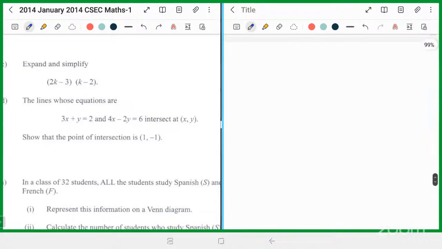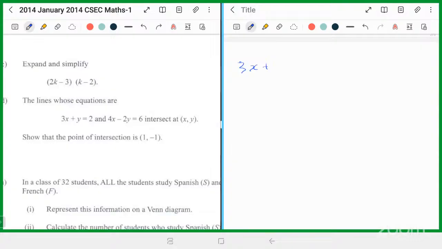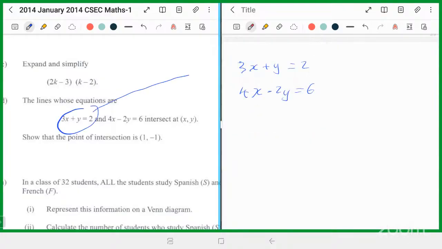So let's say we're using a solving method for these two equations, and the answer is supposed to be this. So we have 3x plus y equals 2, and we have 4x minus 2y equals 6 if I'm using an elimination method. So this one is the first equation up here, and this is the second one down here.